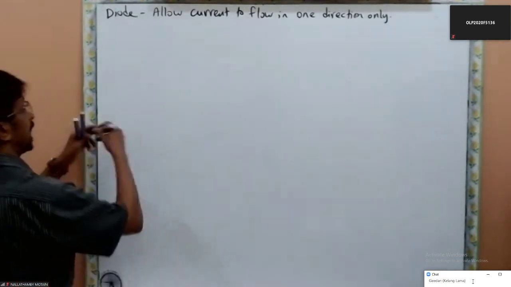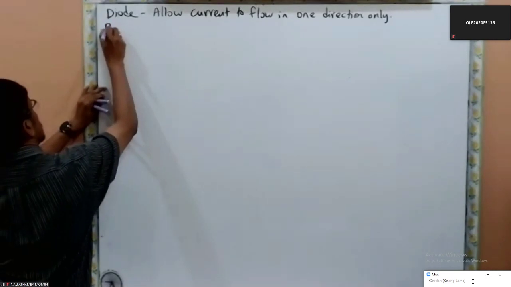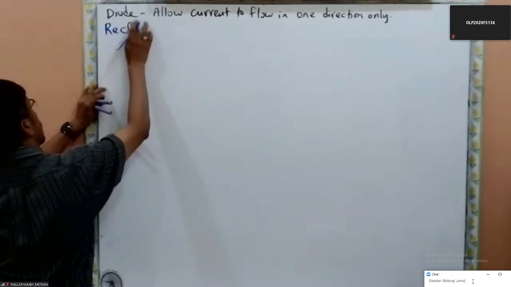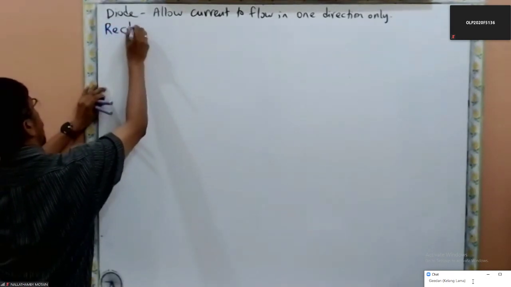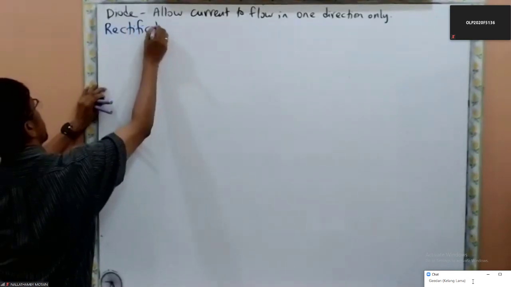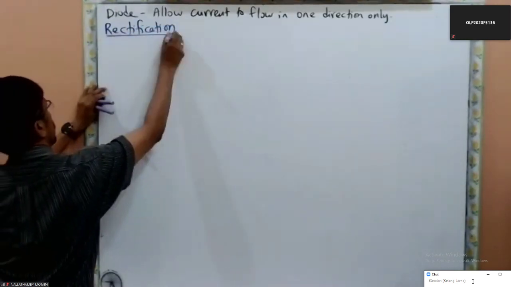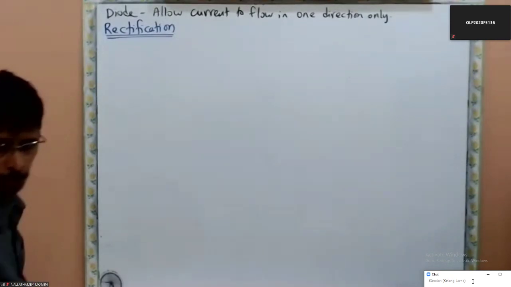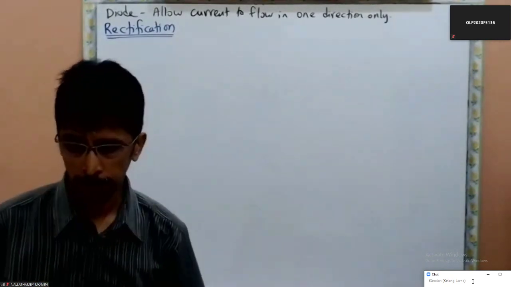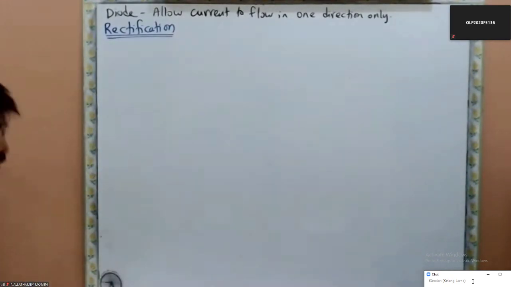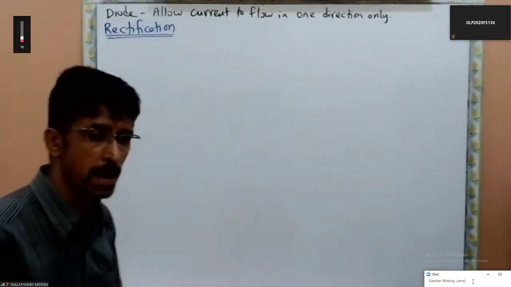Okay, so we can use the diode to carry on a process. We call it rectification. So what is meant by rectification?